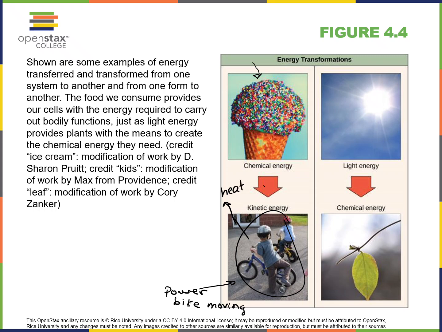So even then, that energy is still being transformed in different ways, transformed and then used. And then same thing with the light. The light energy from the sun transforms into chemical energy by these plants via the process of photosynthesis, which we will also talk about.